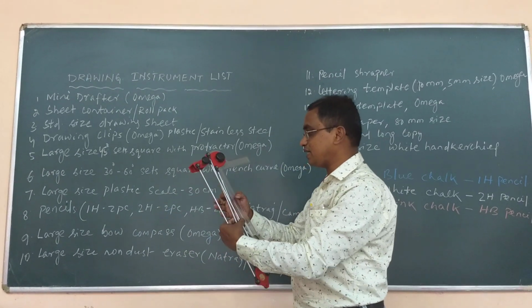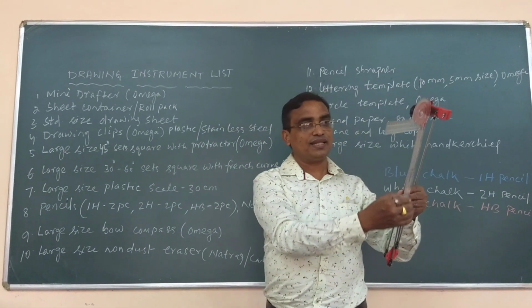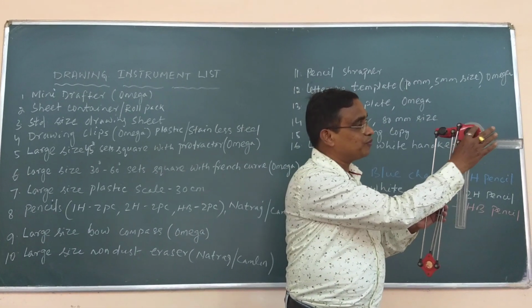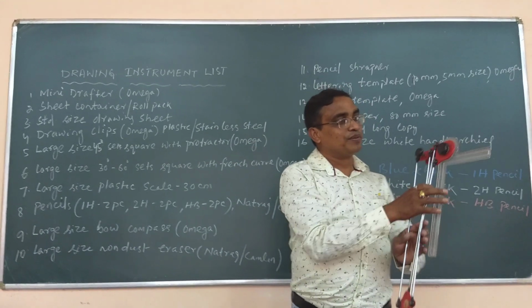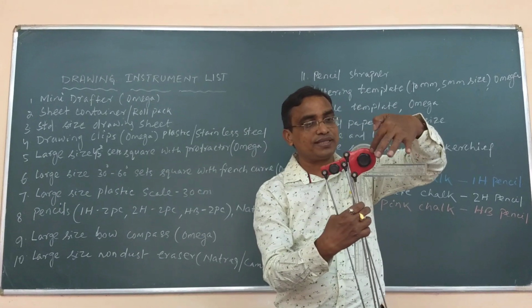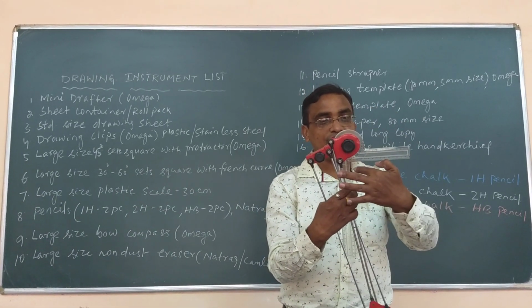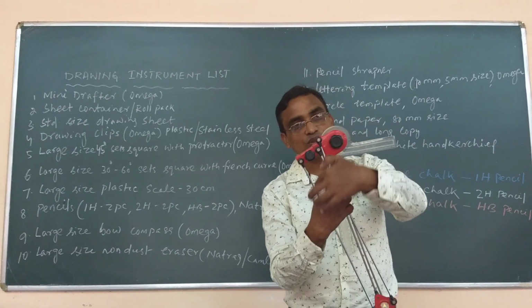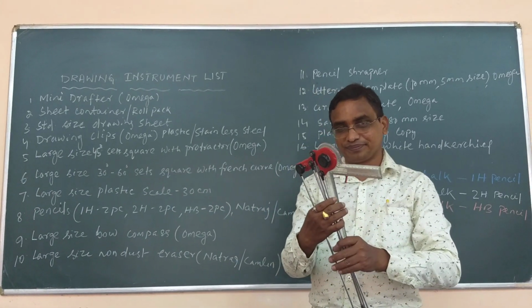Just mark clearly: long scale, small scale and protractor. The protractor reads both clockwise and anti-clockwise, 0 to 90 degrees clockwise, 0 to 90 degrees anti-clockwise.